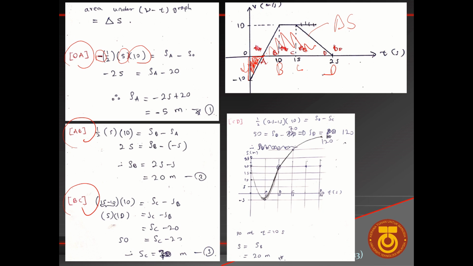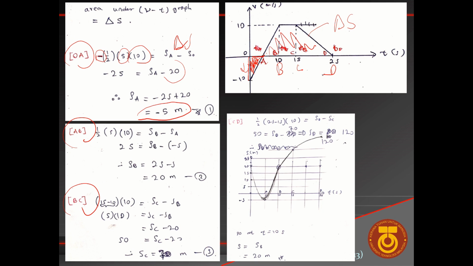So I'm putting it as a negative, equal to delta S. This is delta S, meaning S at A minus S at O. So this is 25. SA we didn't know, SO is given from the question. Start from the beginning, S equal to 20. So you get the value SA equal to negative 5.